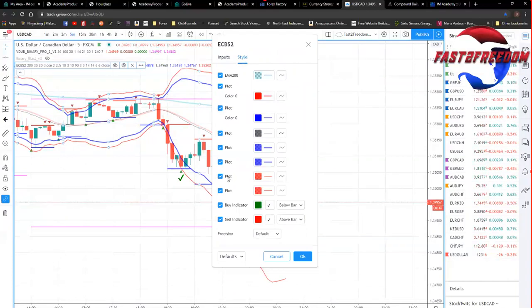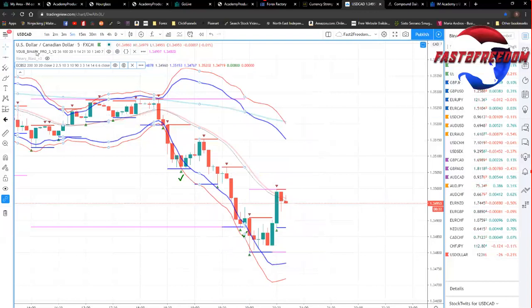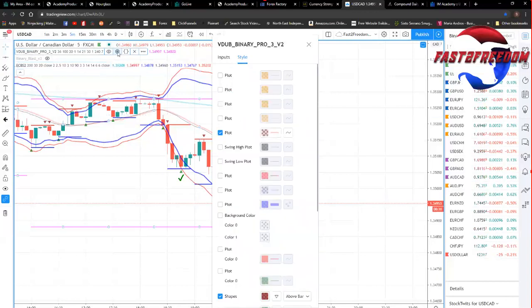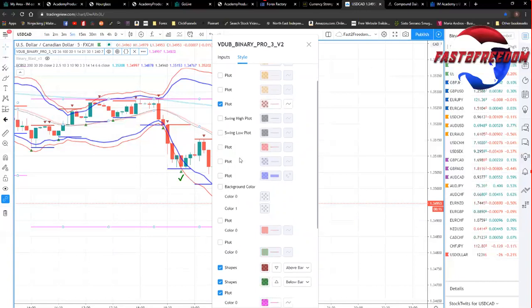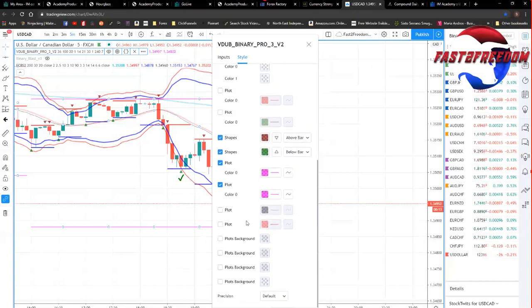I didn't take anything out on the style, but when you download the VW, you're going to have all these selected. I took out all of this. The only thing I needed on this strategy was the plot right here, the pink lines and the shapes. That's all I'm using.